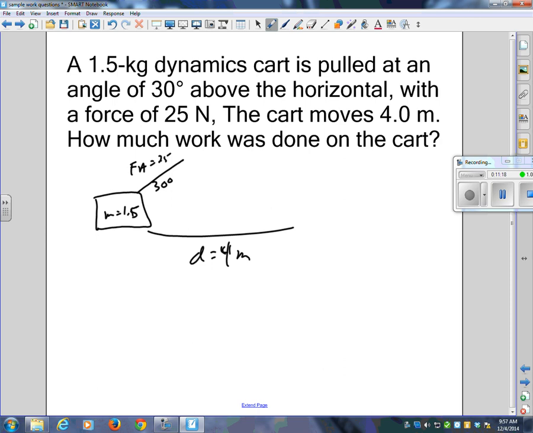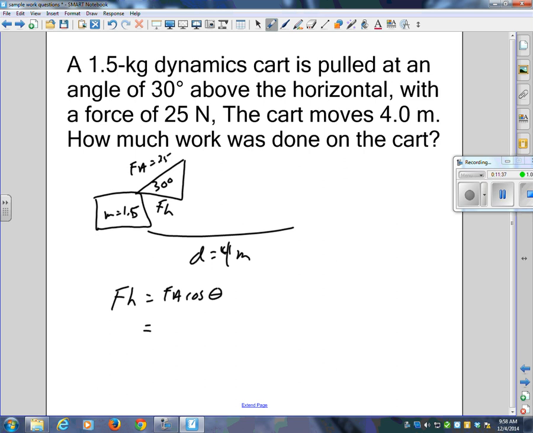It's at an angle. We've got to find the force that's in the same direction as the distance, right? So what do I have to find? I've got to find FH, and that's going to be FA cos theta.